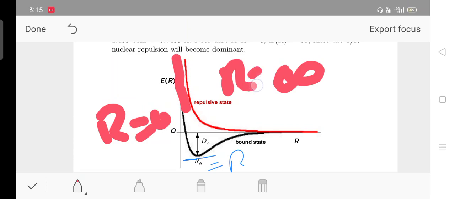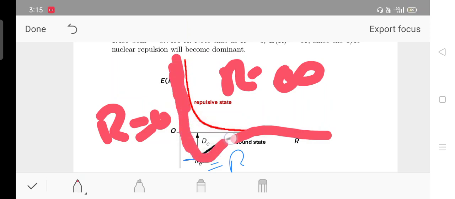When r is equal to infinity, the 1 by r term becomes 0, so the energy goes to 0. So the curve will come like this. If you take the negative values and join all the points, you will get this curve.